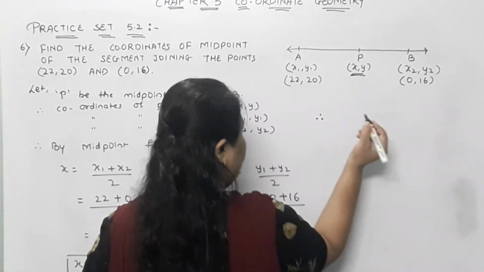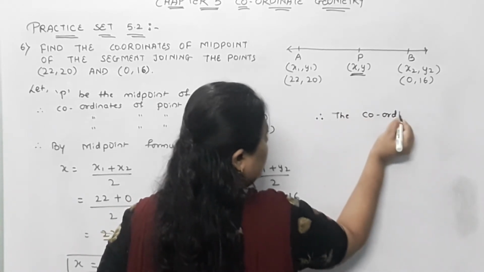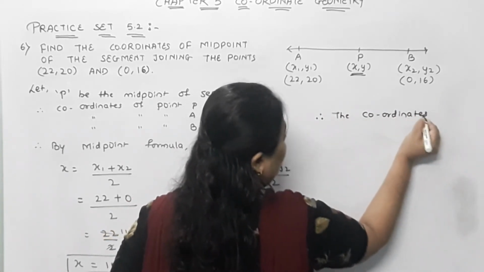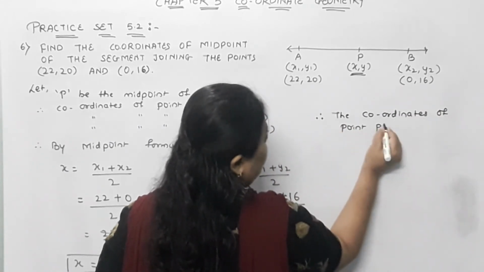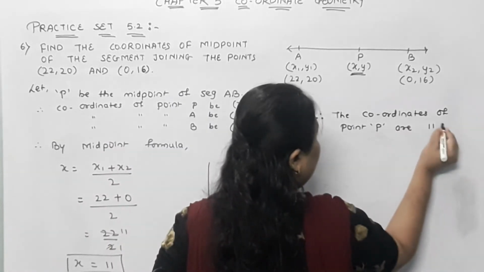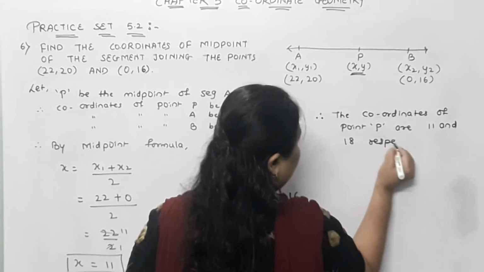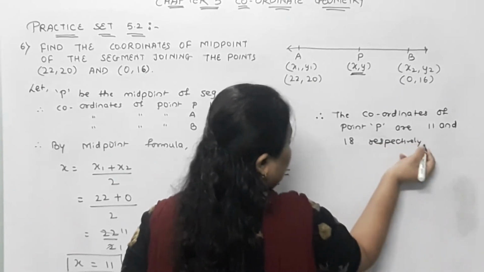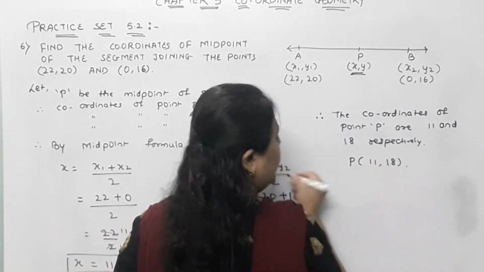Write down. Therefore, the coordinates of point P are 11 and 18 respectively, or you can even write P (11, 18).